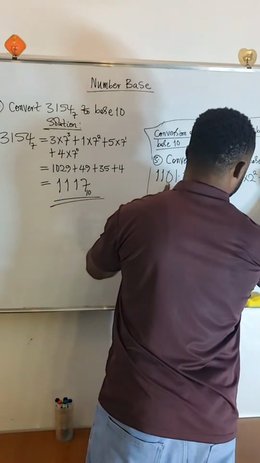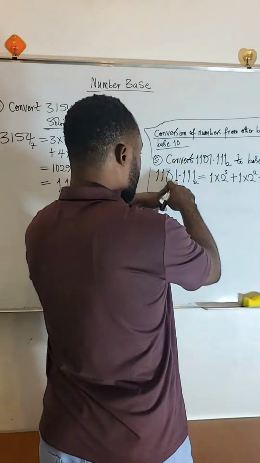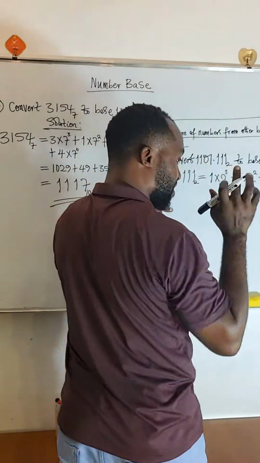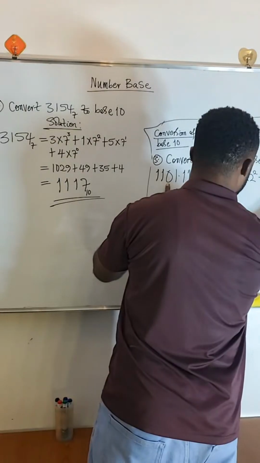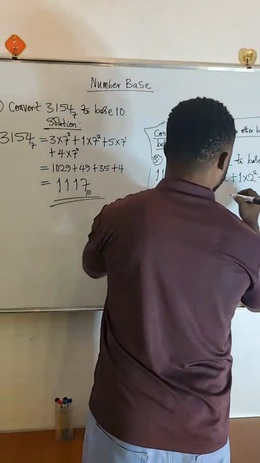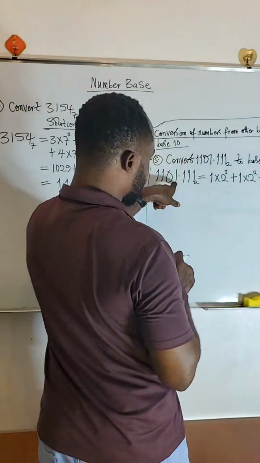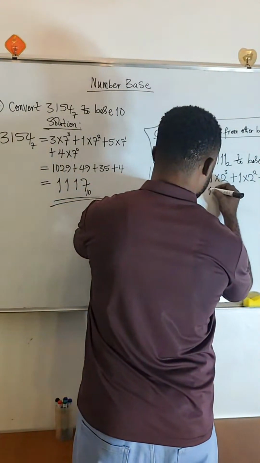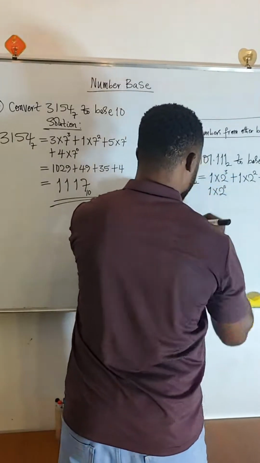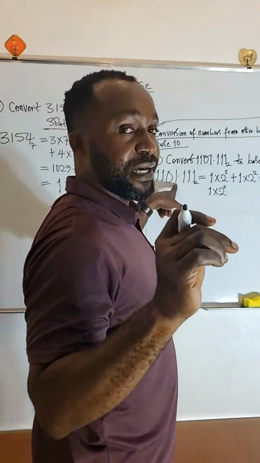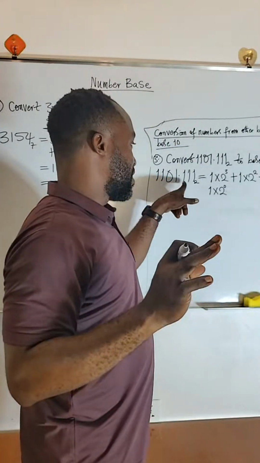plus the next one is 0. And so that would be 0 times the base raised to the power of 1, which is the last whole number digit, plus the last digit here, which is 1, times the base raised to the power of 0. No other integer is left after this one. These are fractions.